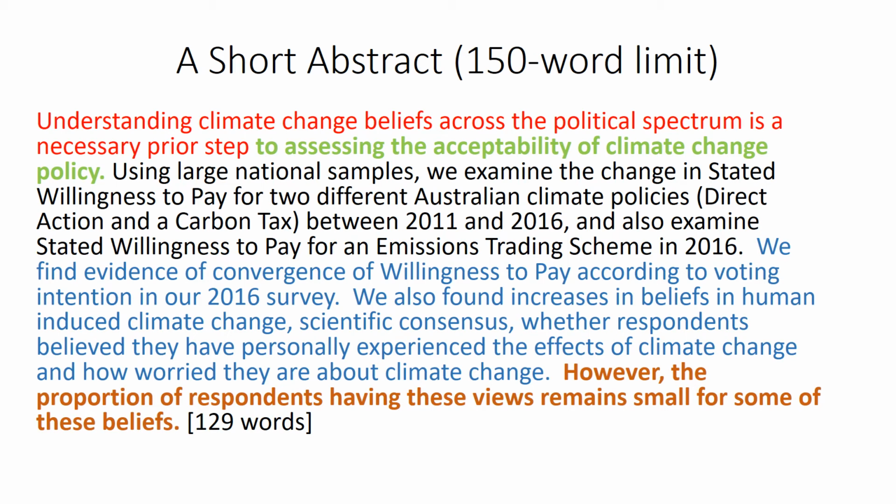Then there's a section in blue on the results. We find evidence of convergence of willingness to pay according to voting intention. And then there's a brown piece at the end, which is conclusions. However, the proportion of respondents having these views remains small for some of these beliefs. So in a very short abstract, you can still get those 5 components that I talked about in a previous slide.